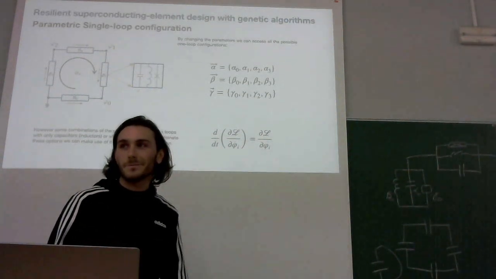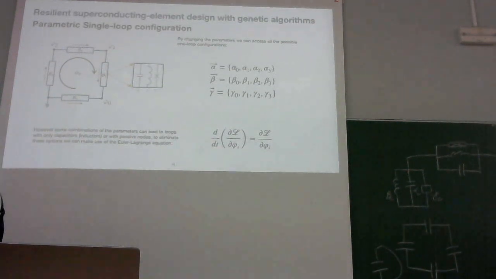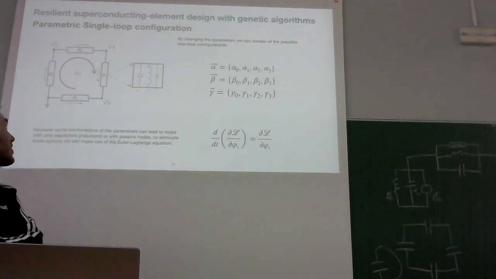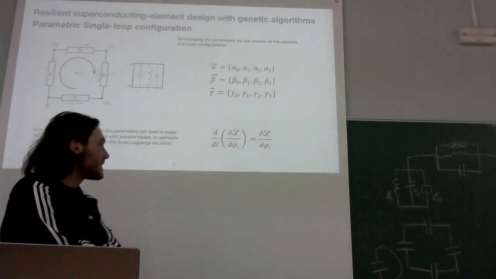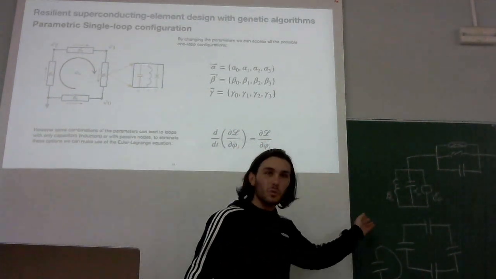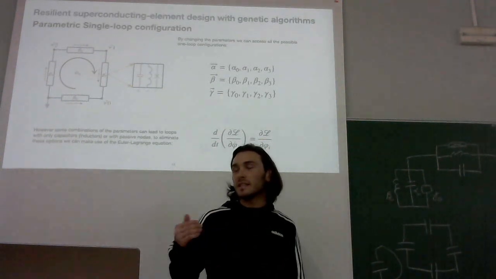My question was about how many qubits in this case would you expect to be able to encode in every loop according to the size? For now, I have not mentioned anything about introducing qubits. I'm just saying that we build this circuit and we are aiming to obtain certain characteristics.